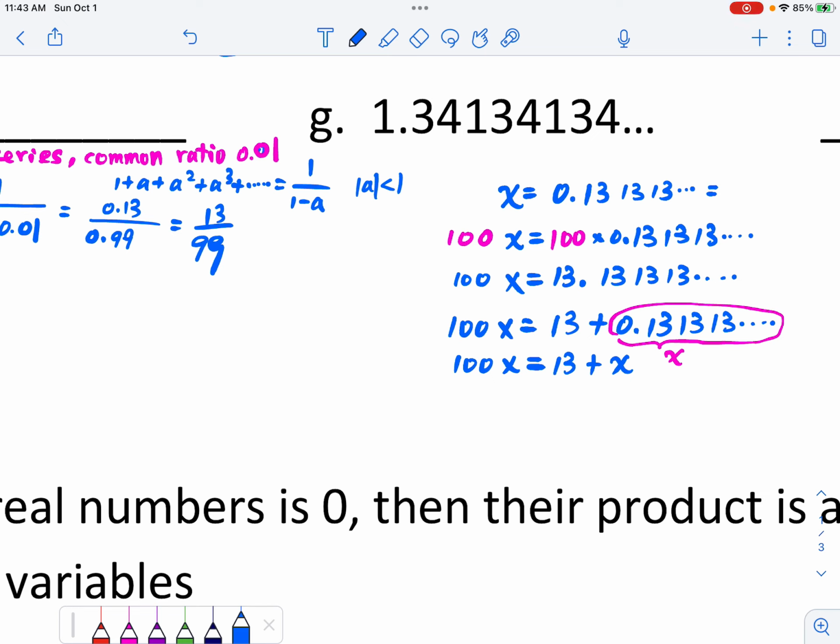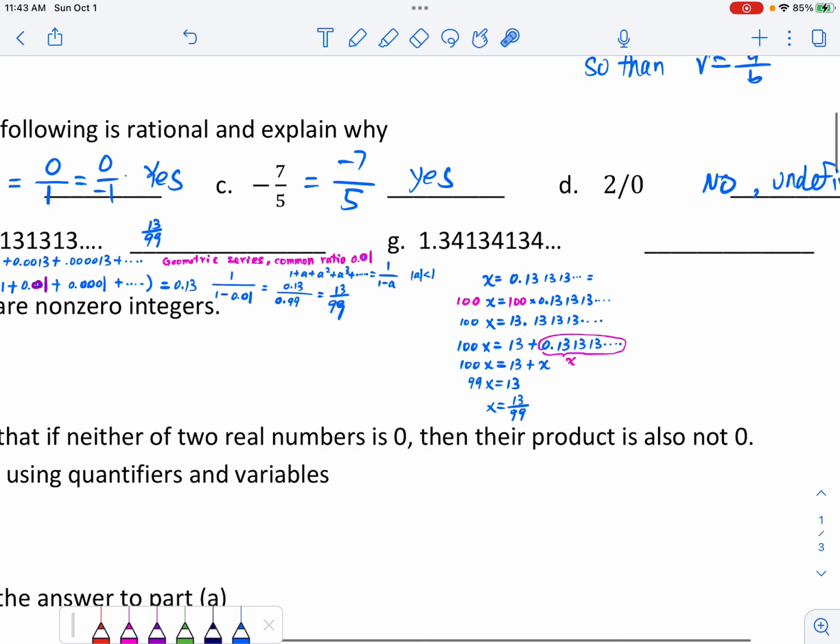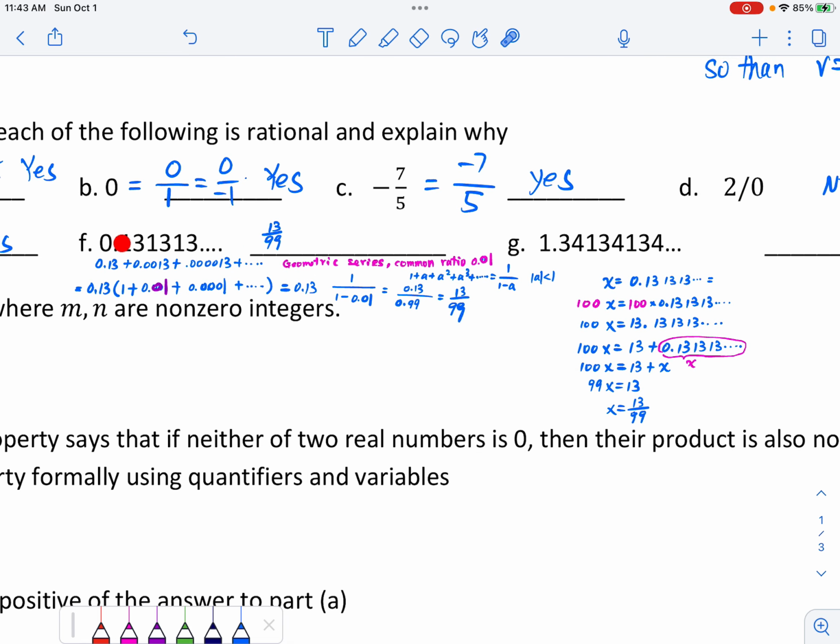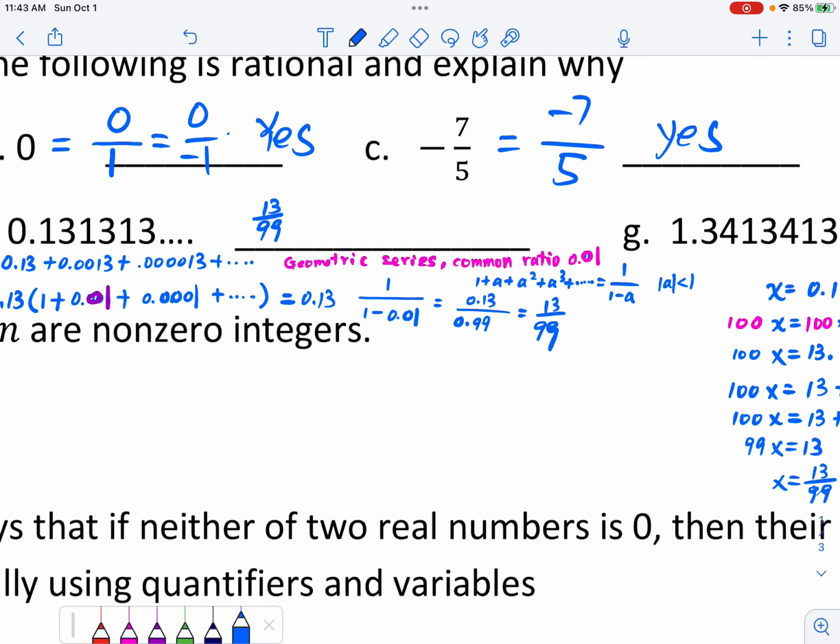Let's solve for x. Subtract x from both sides: 99x equals 13. Therefore x is 13 over 99, by dividing both sides by 99. So this is another approach to show you that I can rewrite this repeating decimal into this fraction. Because they're both integers, I can claim yes.